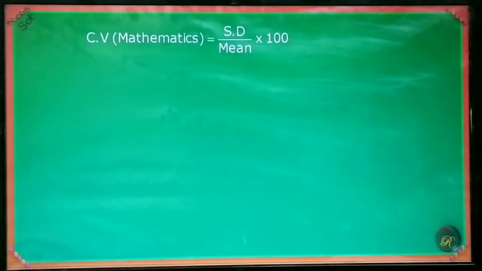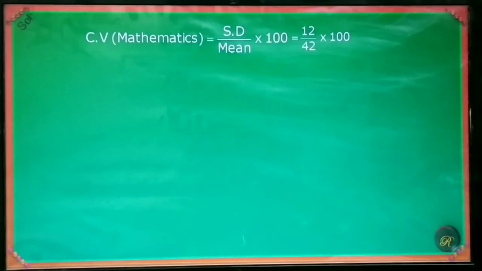Solution. CV of mathematics is equal to SD into 100 divided by mean, which is 12 into 100 divided by 42.